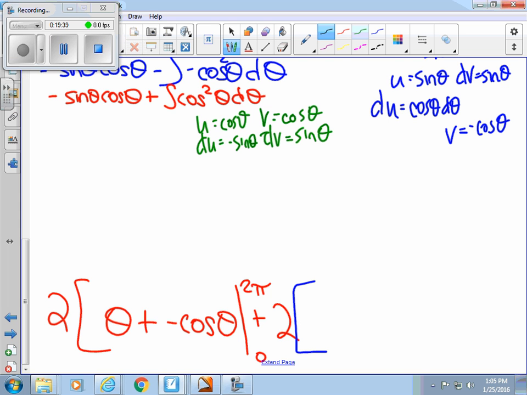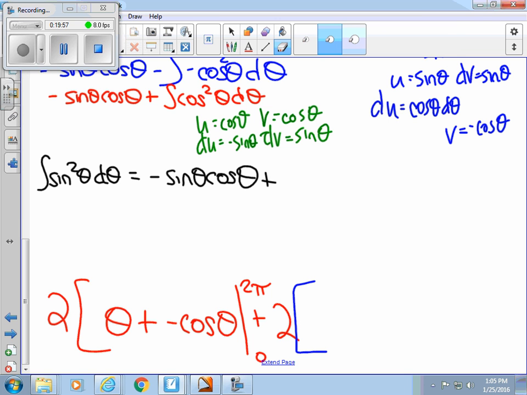So I now have the integral of sine squared theta d theta equals negative sine theta cosine theta, plus that integral, which is u times v. I did it right.